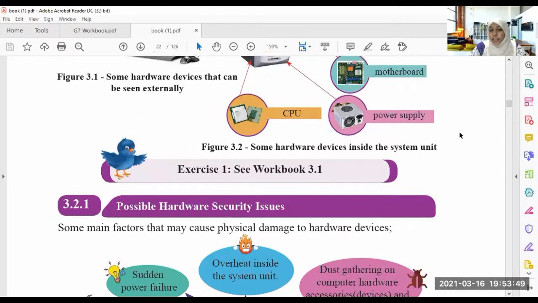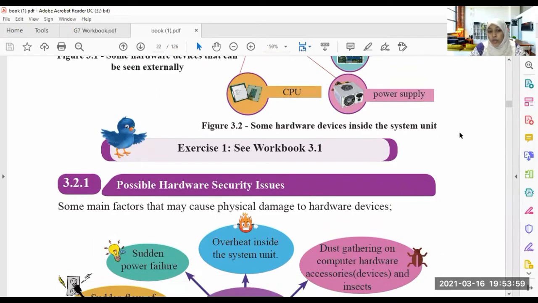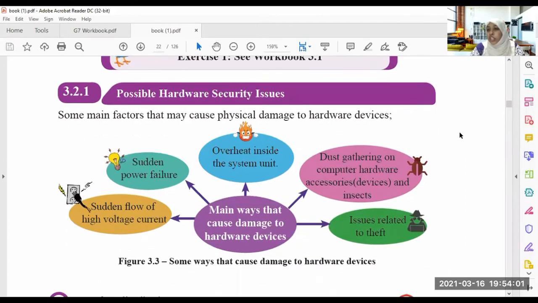So how do we protect this hardware? Before protecting this hardware, we should know what issues occur in the hardware, right? So, the possible hardware security issues. We'll see what issues occur to these hardwares. For example, some main factors that may cause physical damage to hardware devices.